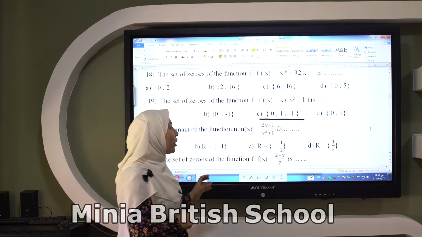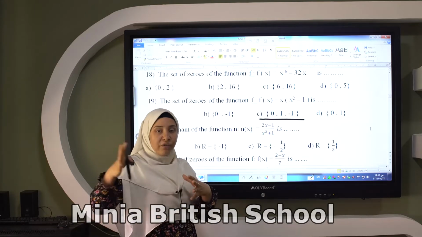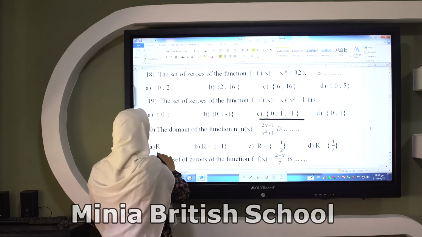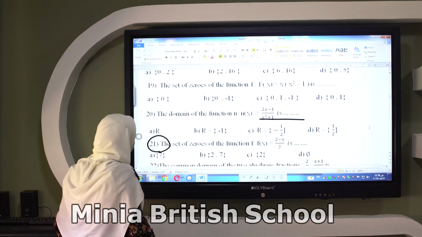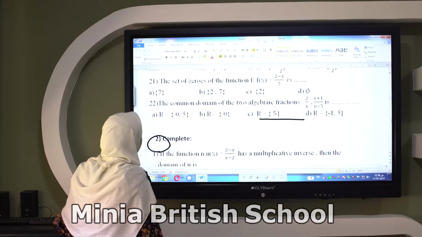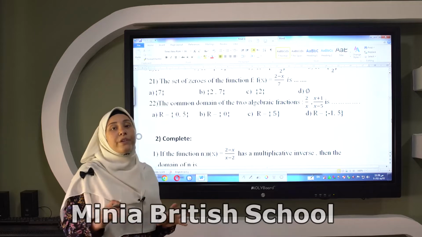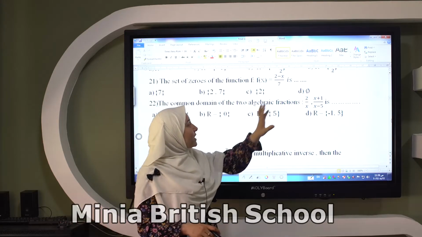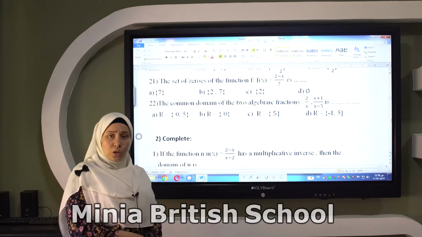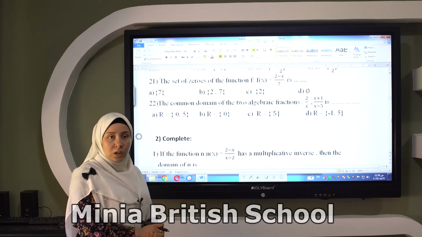So R minus the empty set equals R. So the solution set here is R. Number 21, the set of zeros of the function f, where f of x equals (2 minus x) over 7, is what? Also R.